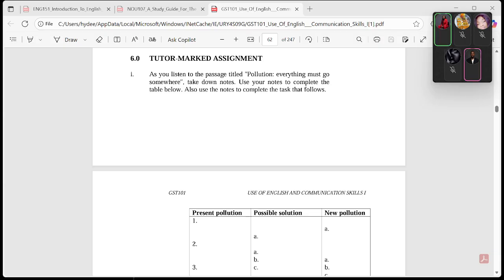All right, so let me drop the key points for you guys. Key points, units for GST 101.